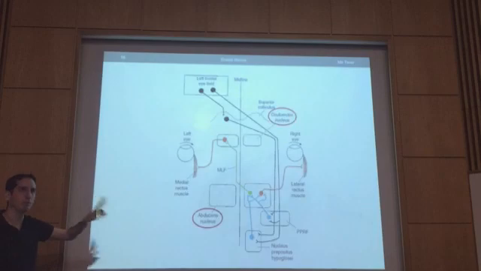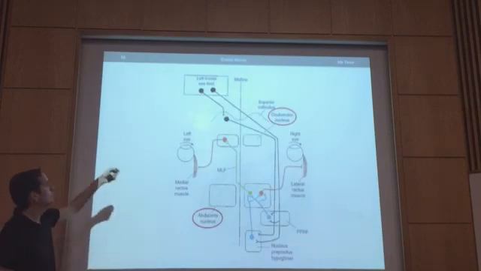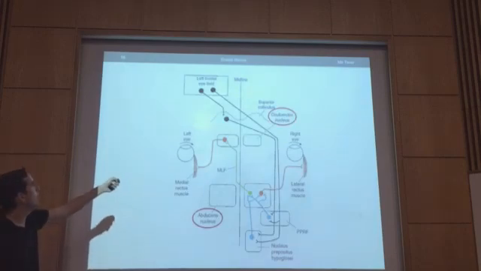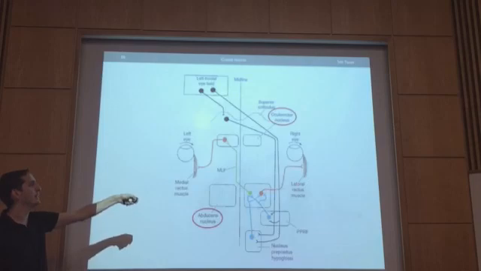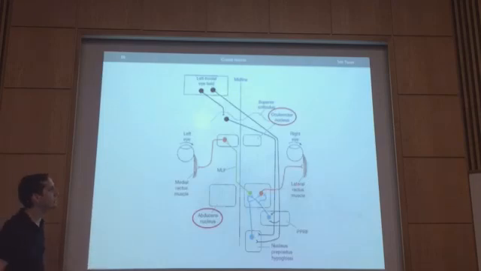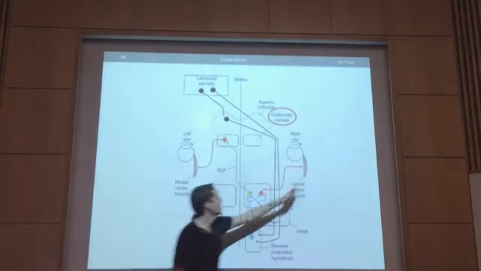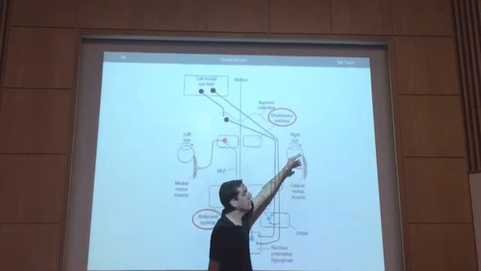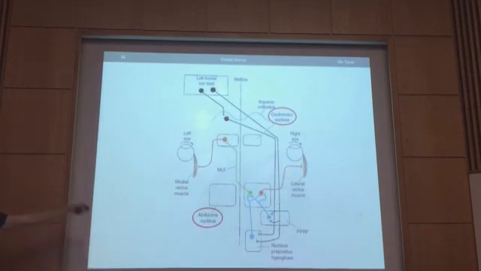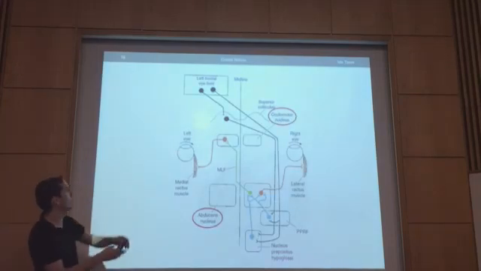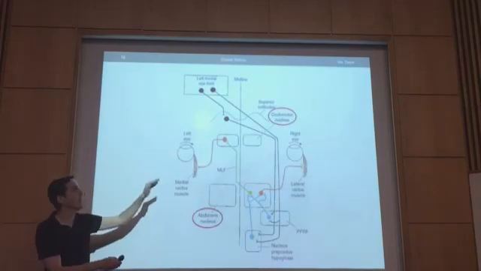I don't want you to remember all parts of it, but the abducens nerve affects the lateral rectus muscle, and when this muscle contracts, it makes the eye go to this side. And there's a circle that causes the medial rectus muscle of the other side to do the same, in order for the left eye to be coordinated with the right eye.